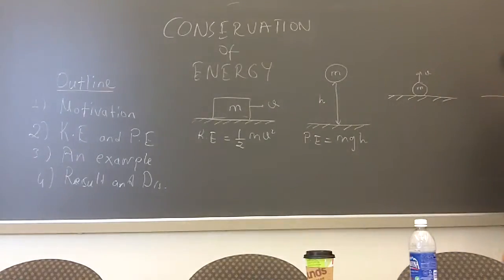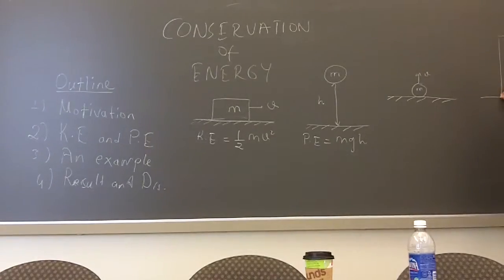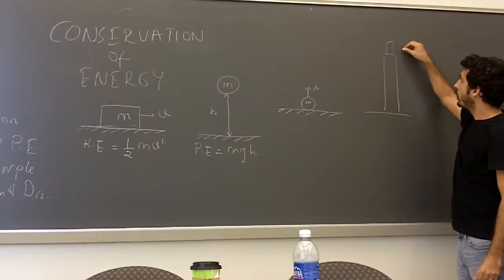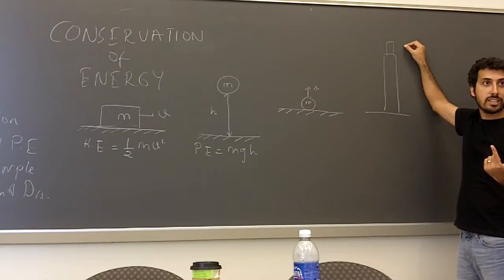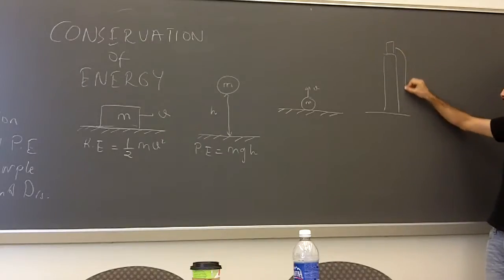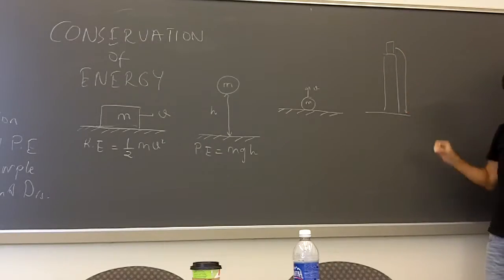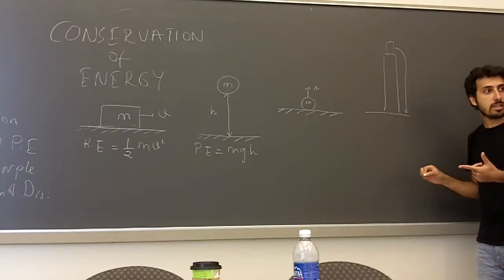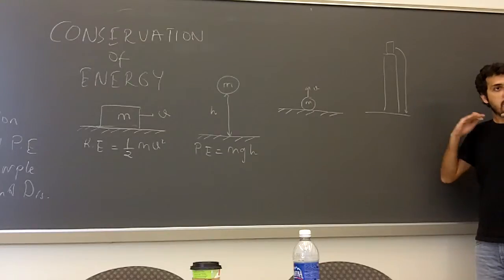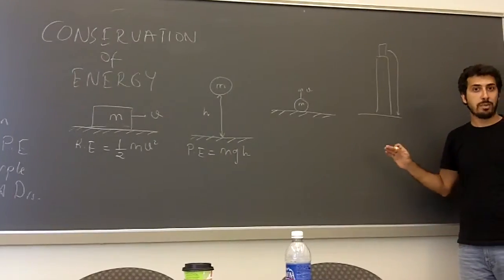When you fall down from the top of the Empire State, you have more potential energy, and your potential energy turns into more kinetic energy. More kinetic energy means more velocity. When you hit the ground, you hit it with very huge velocity, crash velocity.